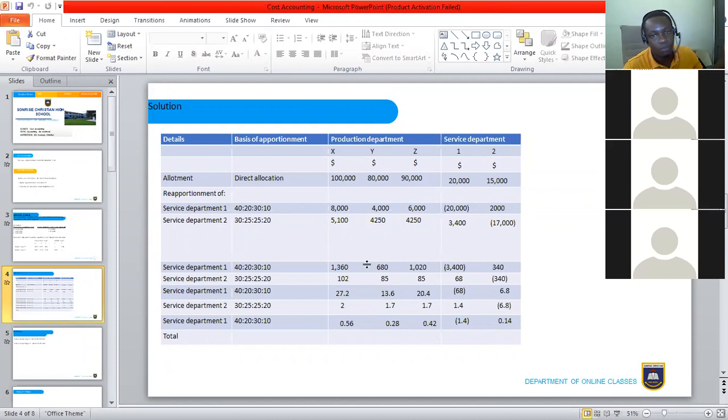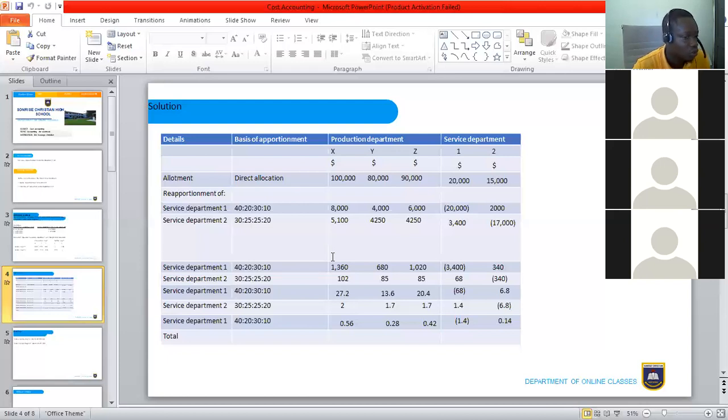The solution on page 174 of your textbook says that you are supposed to apportion the figure to the nearest 10. So you realize that the figures they had are a little bit different from what we had. It's because of the clue that was given in the question.